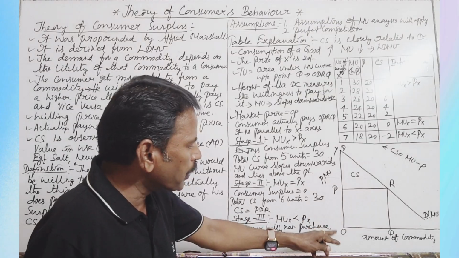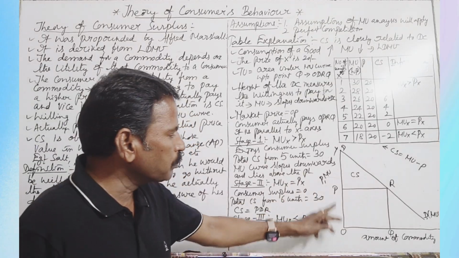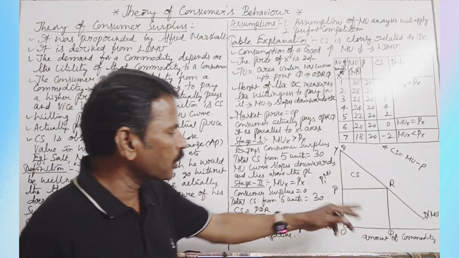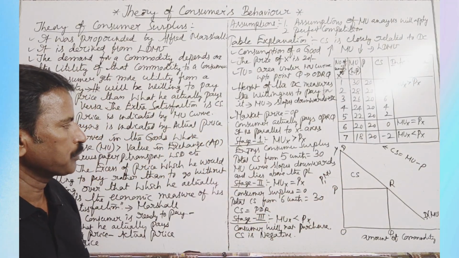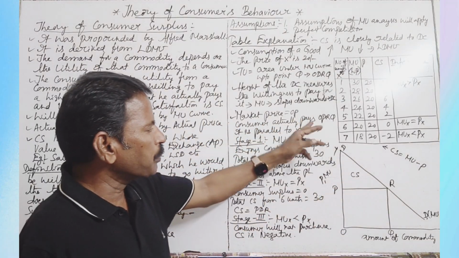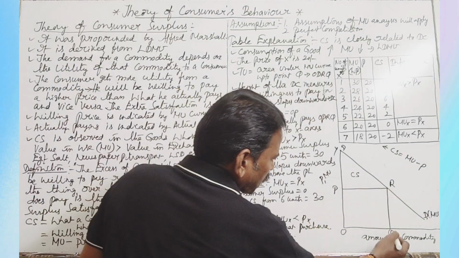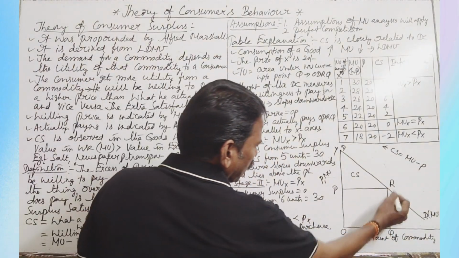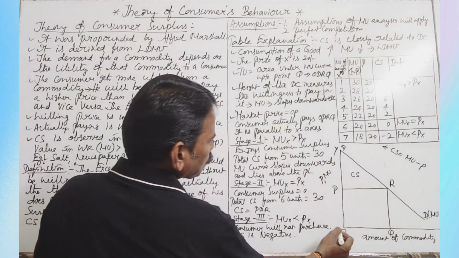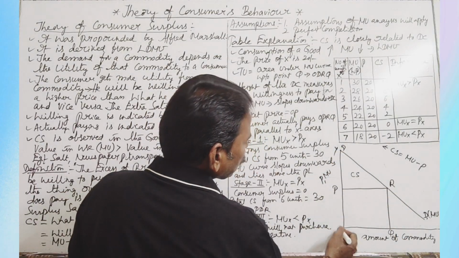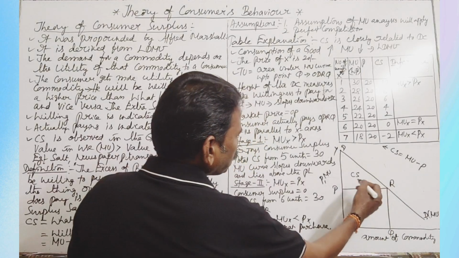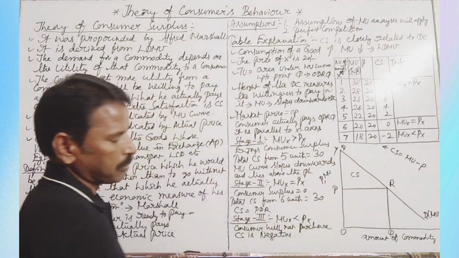And here the market price is OP. This is the market price OP, or RQ. What the consumer actually pays is OPRQ. The willing price is ODRQ. The actual price is OPRQ. Consumer surplus is equal to PDR.